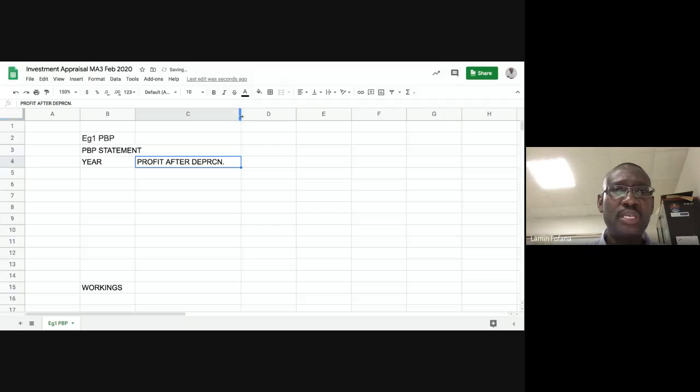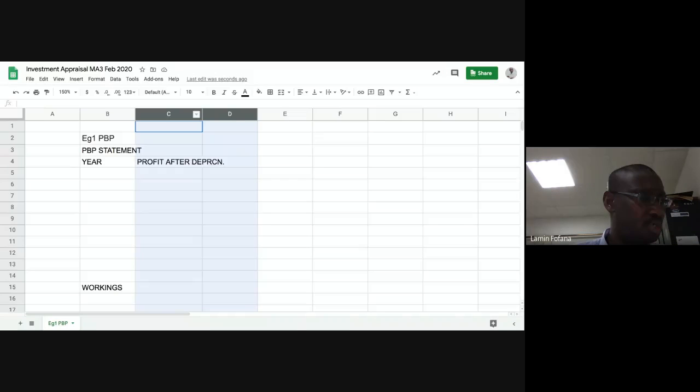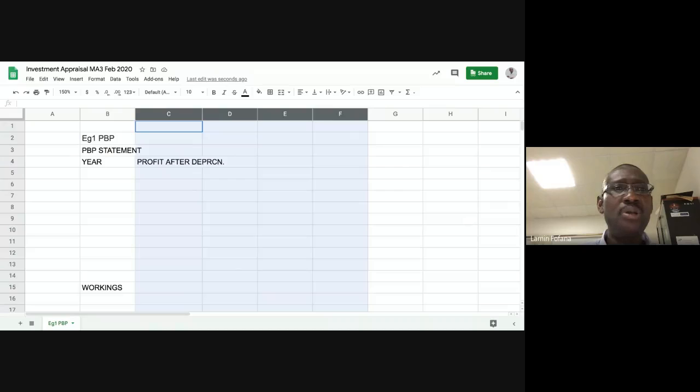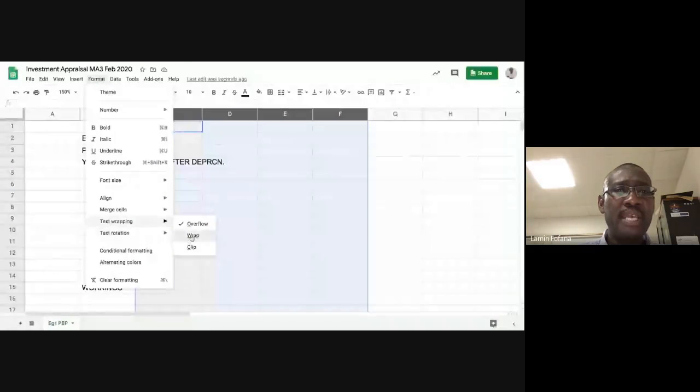So I'm going to wrap the text. We need about 1, 2, 3, 4 columns. So I go to format, wrap text.